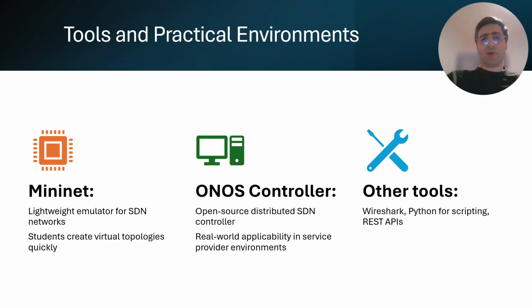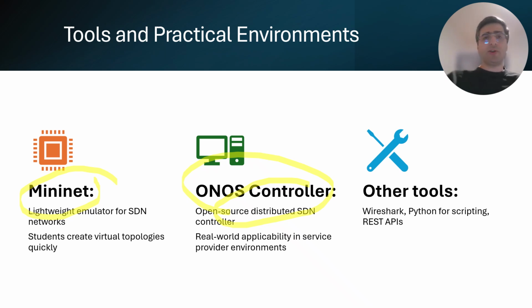One of the key strengths of this unit is its focus on hands-on learning. We use Mininet, a lightweight emulator that lets students create and test network topologies in seconds without the need for physical devices. To control these topologies, we introduce the ONOS controller, a production-grade open-source SDN controller.